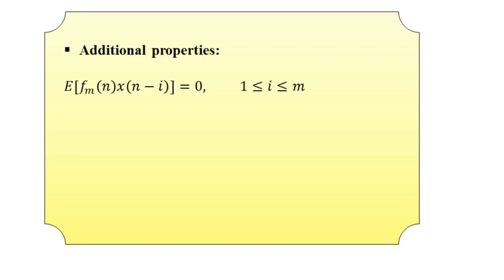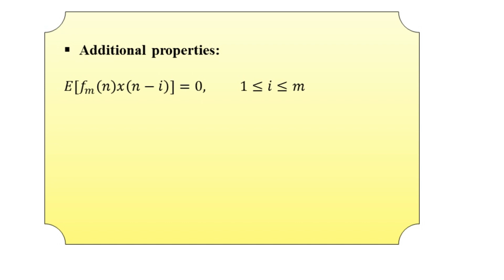These have been given for real value data, and here we have one by one the formulation we have provided. Capital E of f suffix m of n into x of n minus I will be equal to 0 for I greater than or equal to 1 but less than or equal to small m.